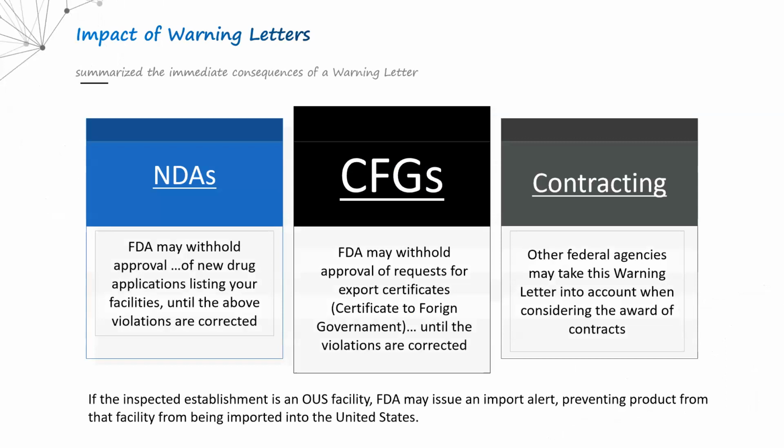So if it is an NDA, a new drug application, FDA may withhold your approval of new drug applications listing your facilities until the violations are corrected. So for any facility where a warning letter is issued, if you have already submitted a new drug application, those applications will be kept on hold unless and until you take the corrective actions for your warning letter.